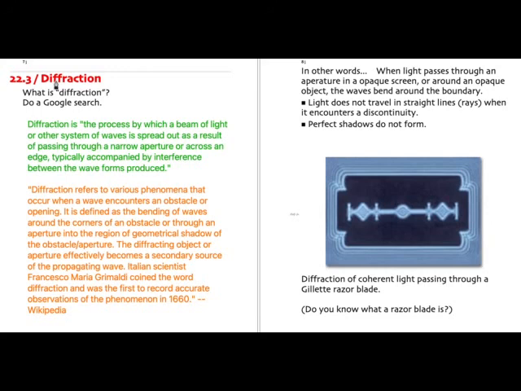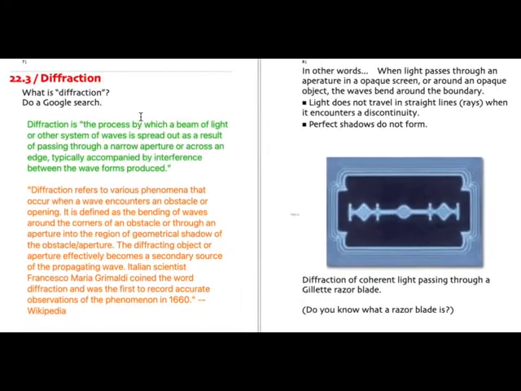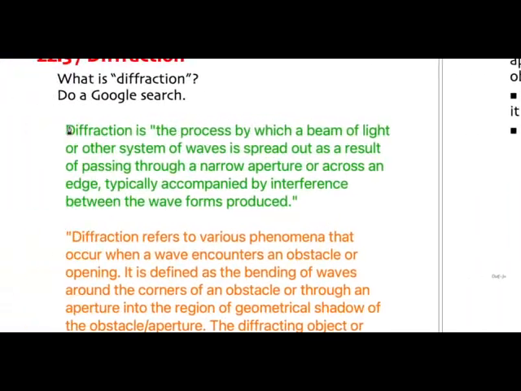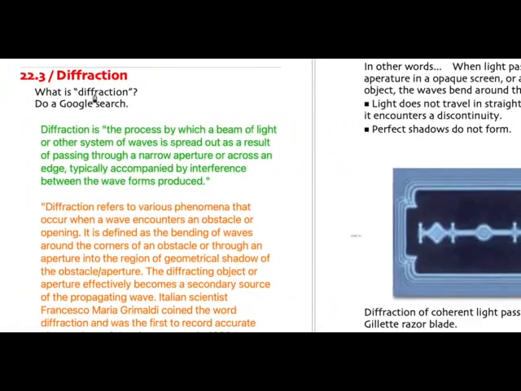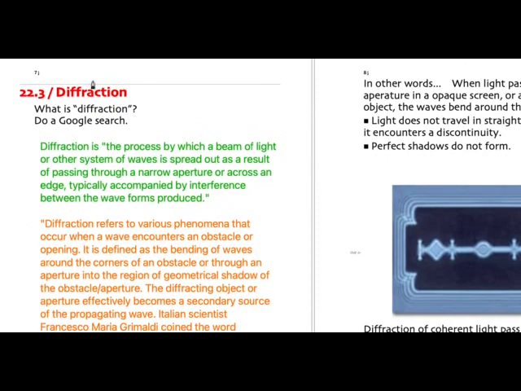All waves undergo diffraction, so light should undergo diffraction. Let's try to blow this up a little bit. So that's the third section of chapter 22, diffraction. This is really a wave phenomenon, but in particular, diffraction applied to light.